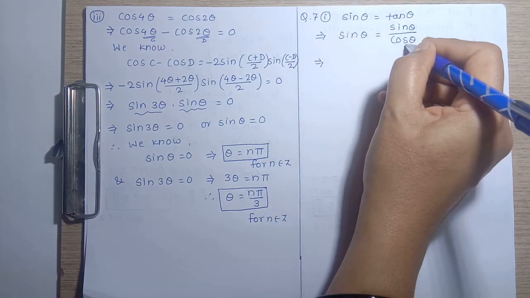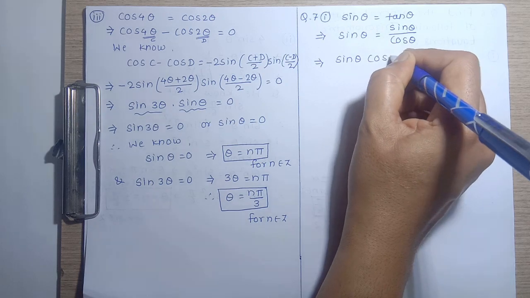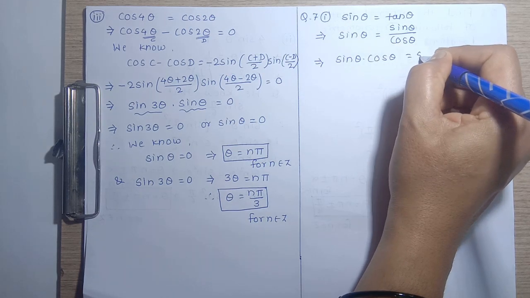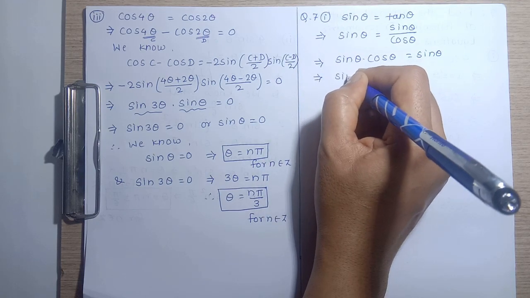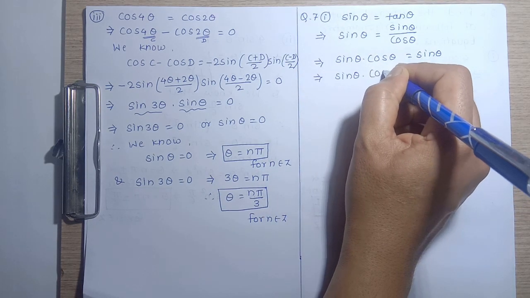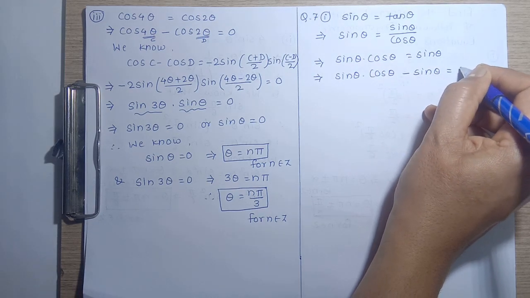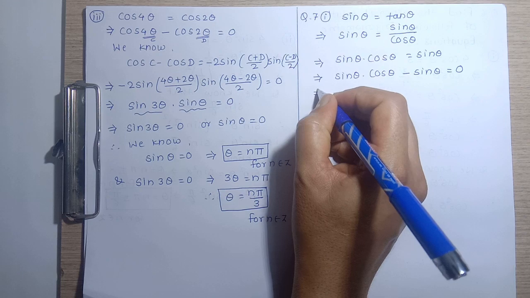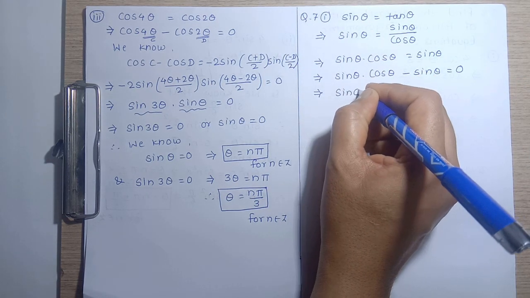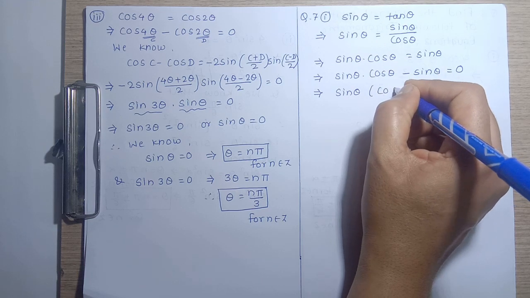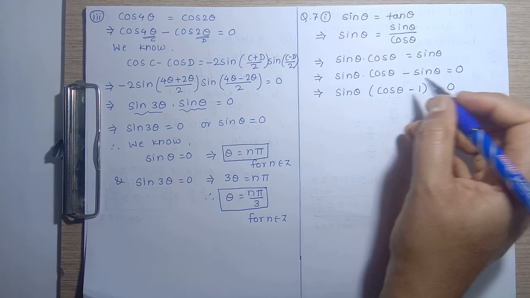That is, if we take the product here, sin theta into cos theta is equal to sin theta. This will give sin theta into cos theta minus sin theta is equal to 0. Now we take sin theta common from both terms. We get sin theta into bracket cos theta minus 1 is equal to 0.